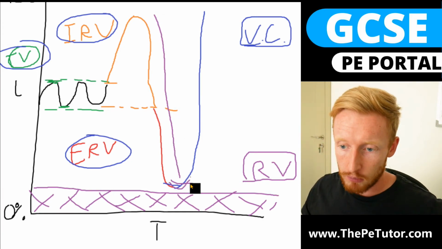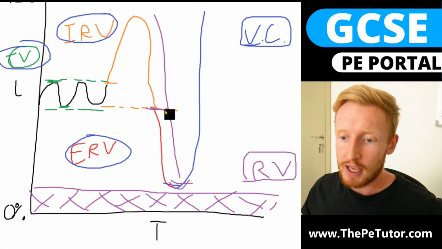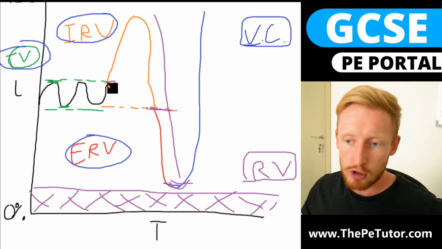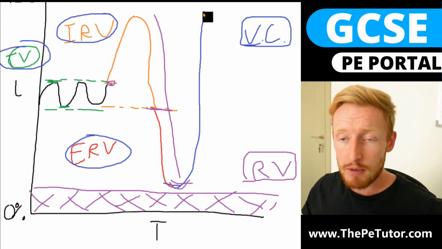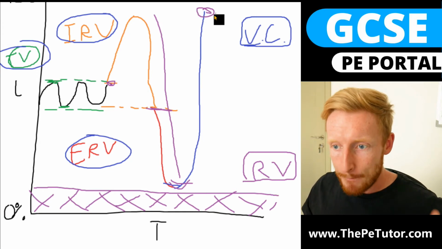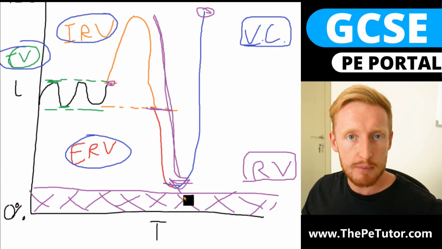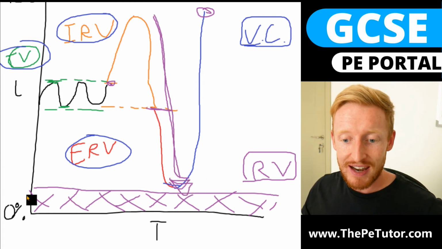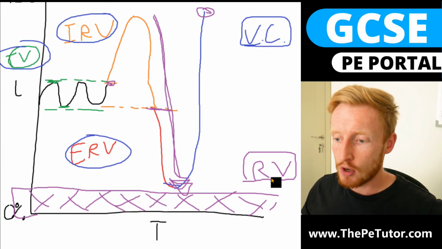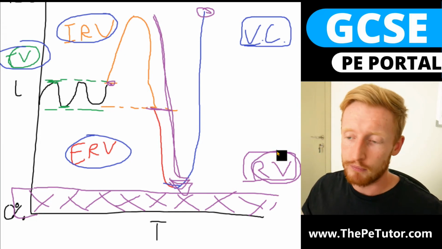Now this could be from the base of our tidal volume, it could be from the peak of our tidal volume, it could be following a maximum inhalation, but following a maximum exhalation down to the point that no more air can be forced out, whatever is left inside of our lungs is known as our residual volume.